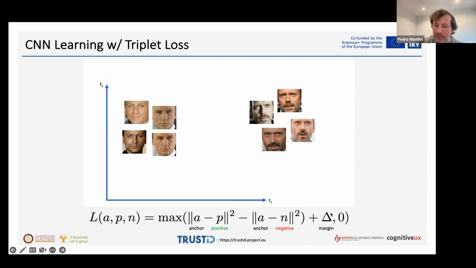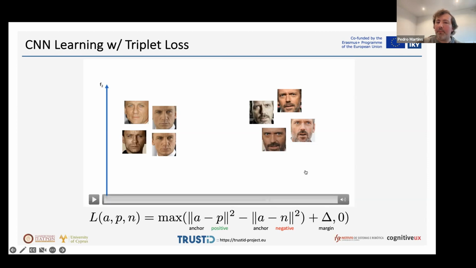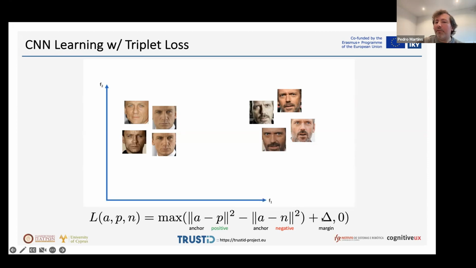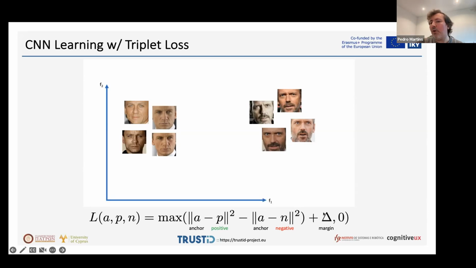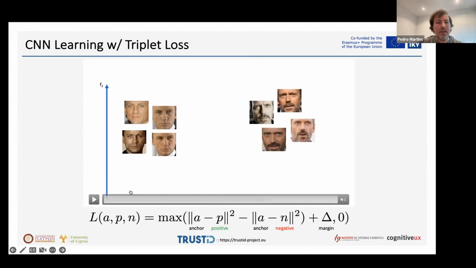By the way, there's also a term over here which we call the margin. This is an offset that operates like a slack. So it means that if this is too large, these 2 clusters could intersect. Of course, the larger the margin, the easier it is for the network to separate things, because it allows mixing some examples.